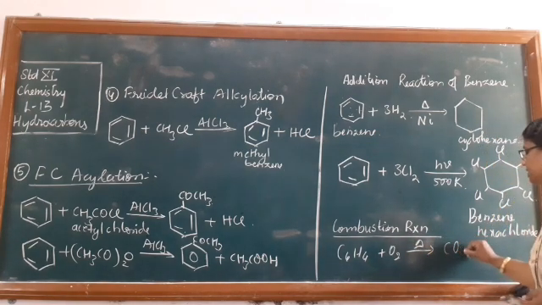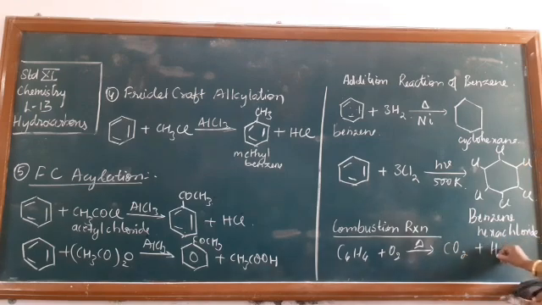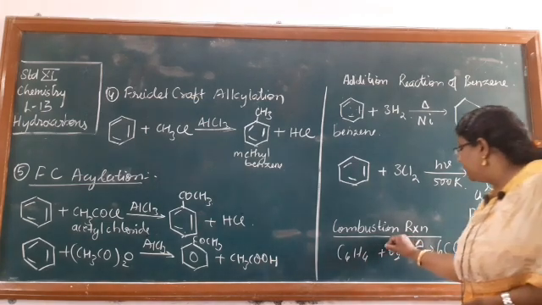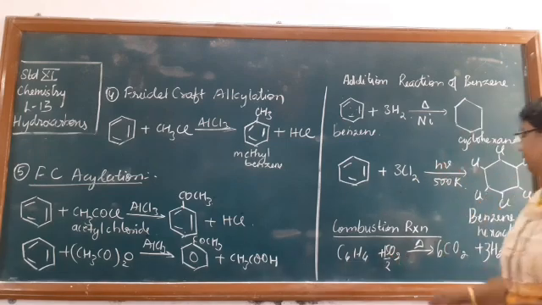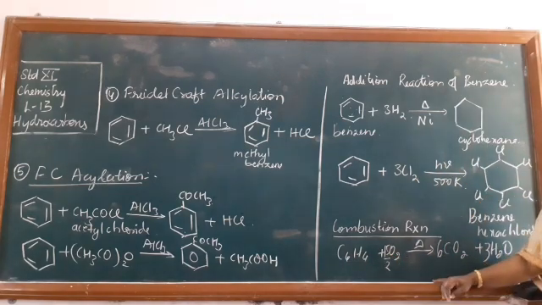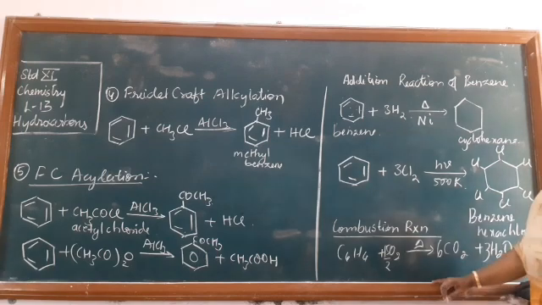You get the corresponding 6 CO2 plus 3 H2O, and the oxygen coefficient becomes 15/2. So this is the combustion reaction of benzene. So we have discussed all the different types of reactions of benzene today.